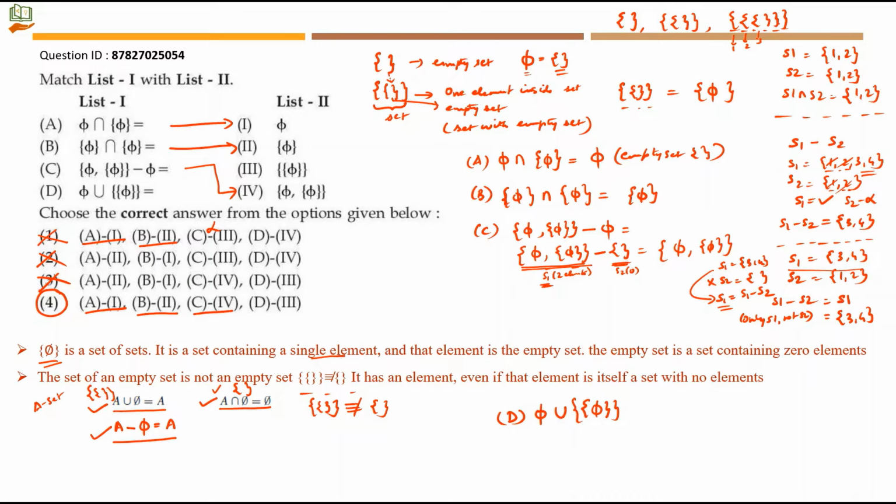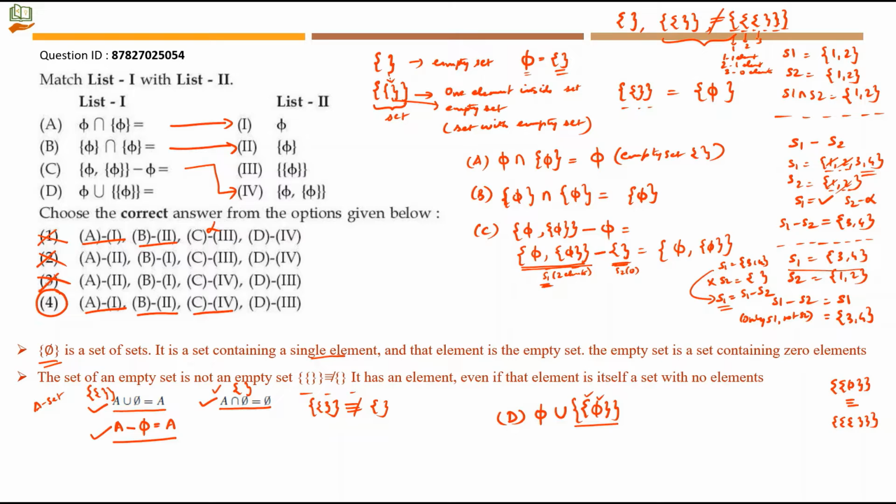The outermost set, the first set has 1 element, the second set, the middle set has 1 element, and the third set, the innermost set, has 0 elements. It means a set of set with empty set. These two are not equal. In this case, this particular symbol is equivalent to this one.